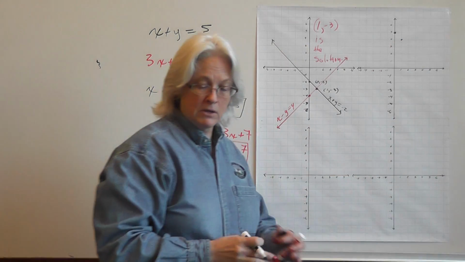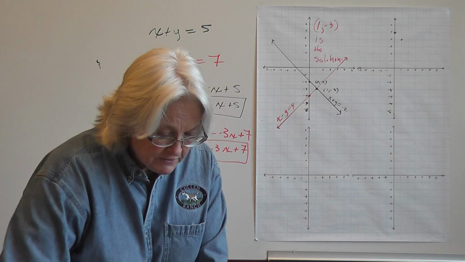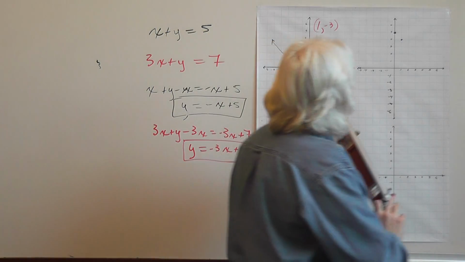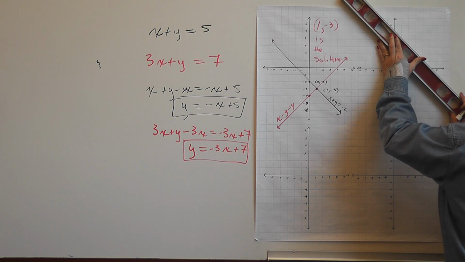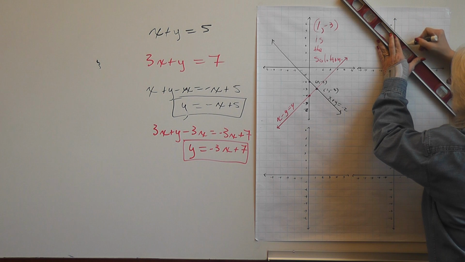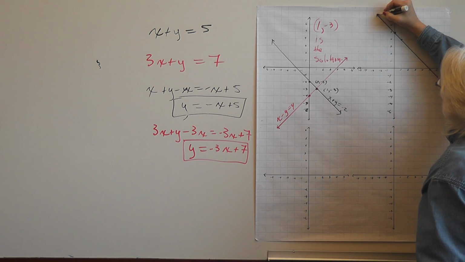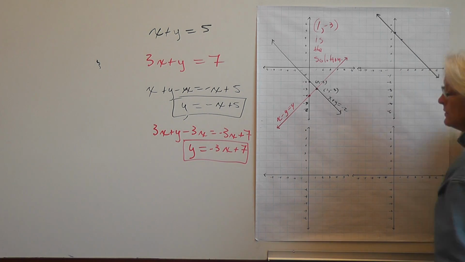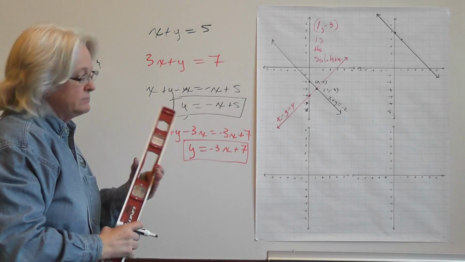We can now connect the dots, and we have the graph of our first equation here. Take care when you're graphing these because you want to be able to read the solution off the graph.